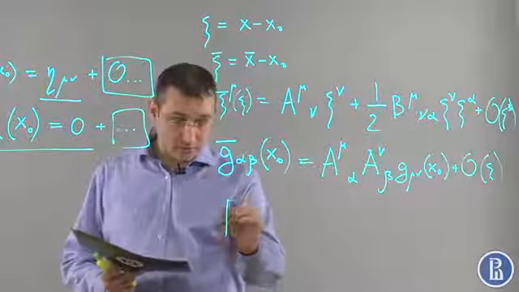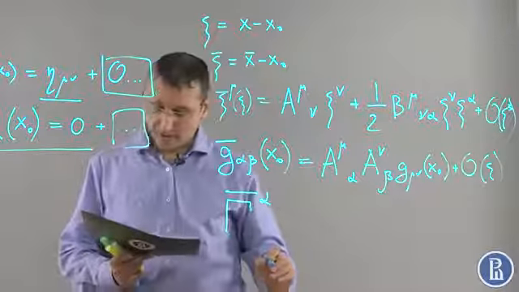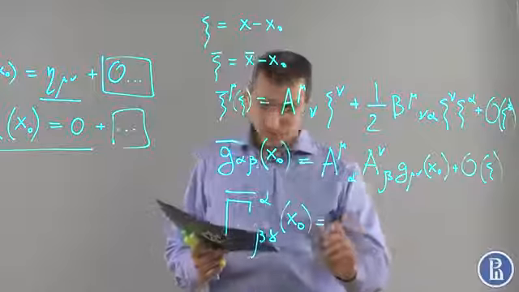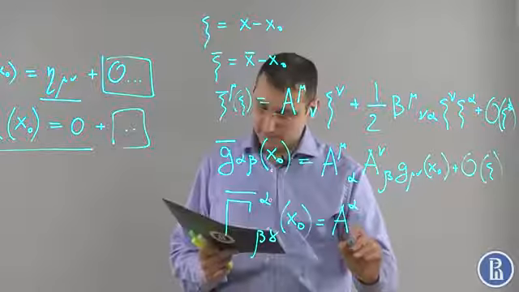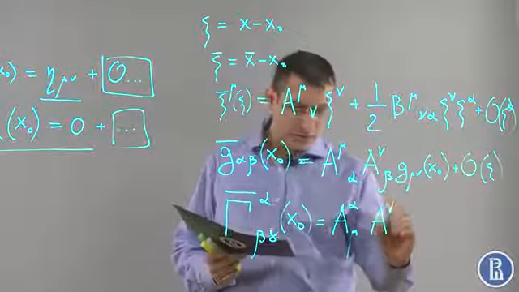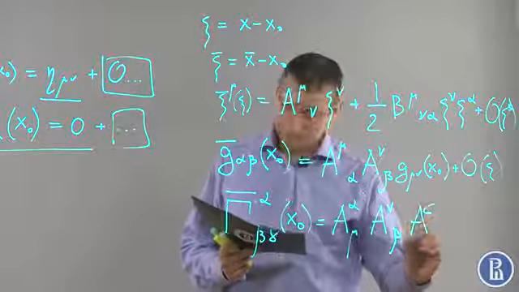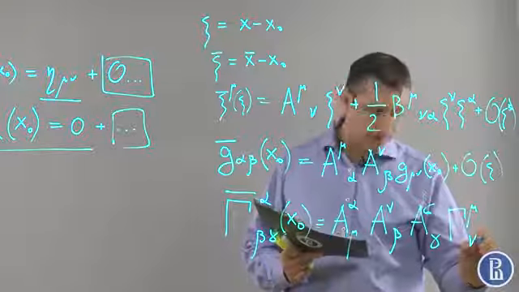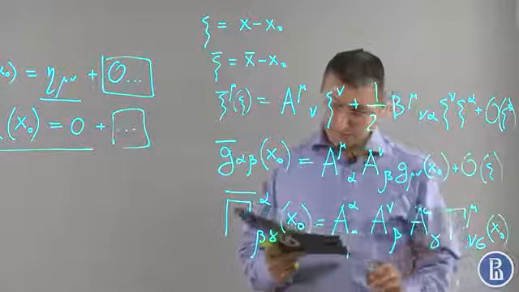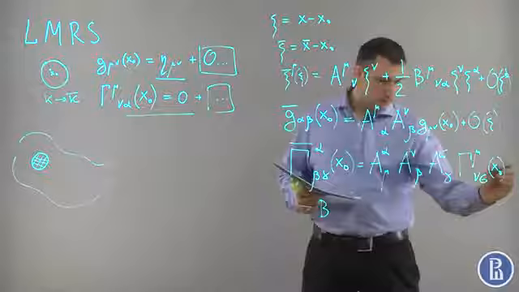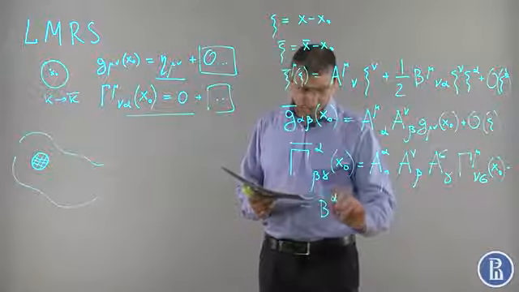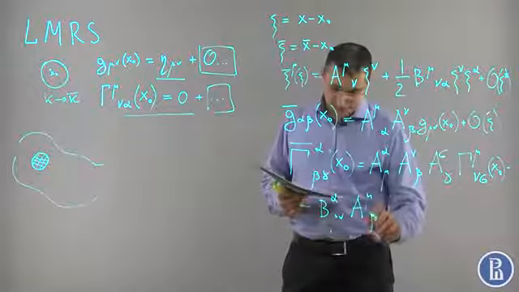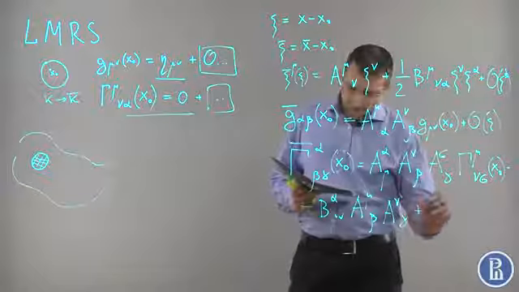The transformation rule for Γ is as follows: Γ bar^α_{βγ} as a function of x0 is equal to a^α_μ a^ν_β a^σ_γ Γ^μ_{νσ}(x0) minus b^α_{μν} a^μ_β a^ν_γ plus of order ξ.